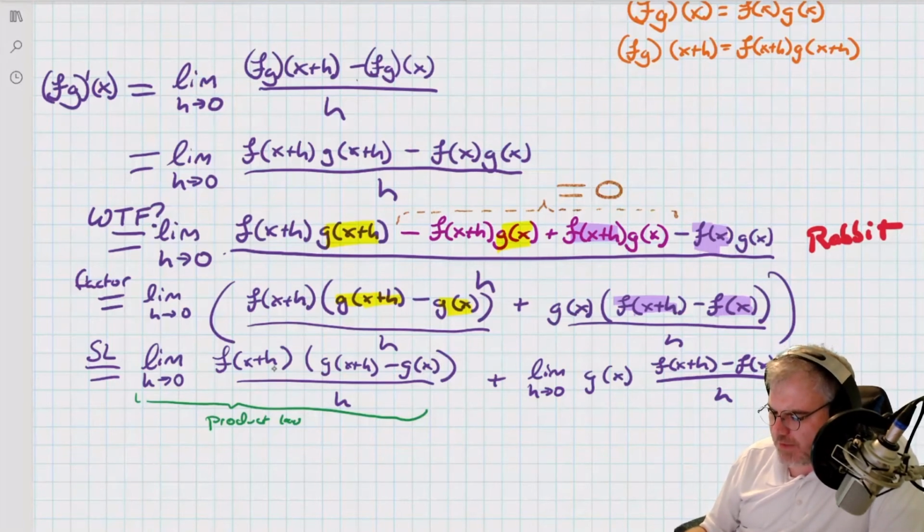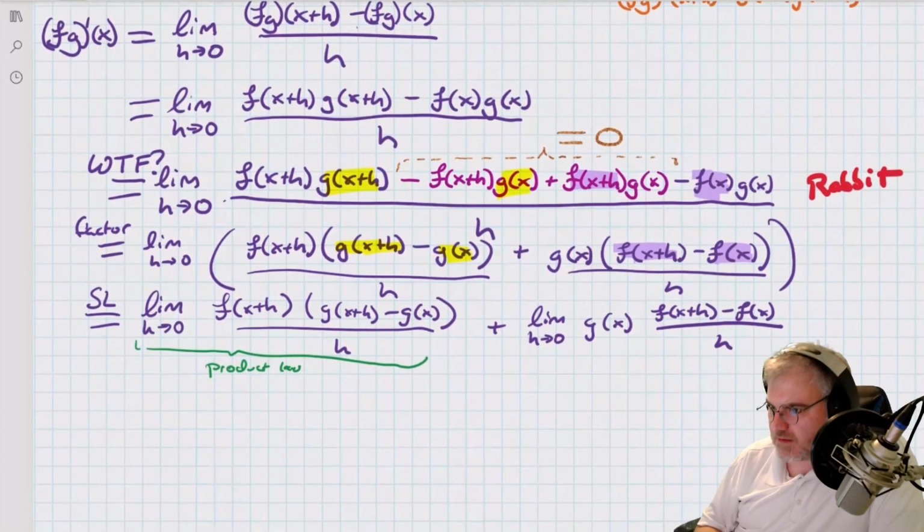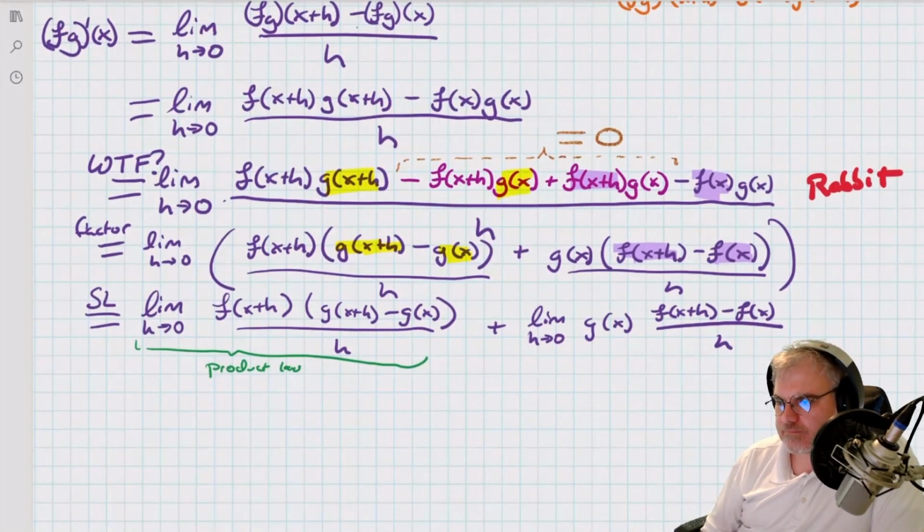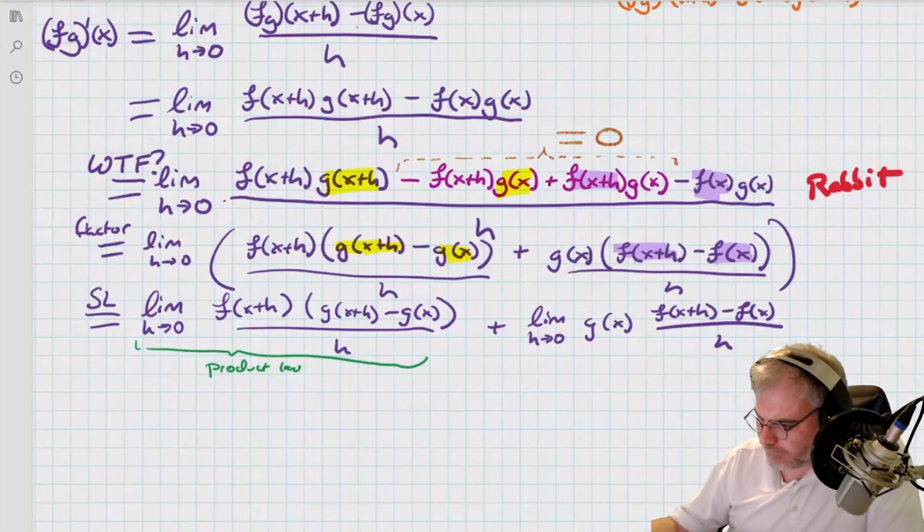This limit here, because f is differentiable at x, that means that that limit will exist. So how do we feel about that? So what I'm going to do, this is going to be product law. This is a constant multiple.